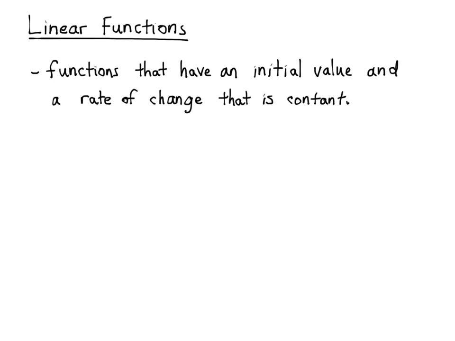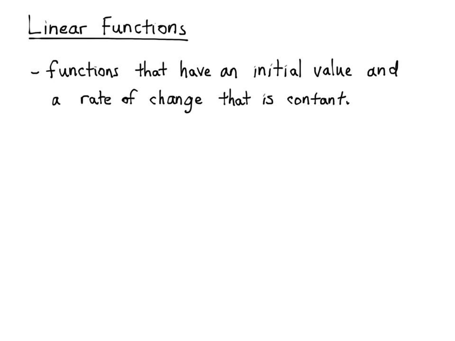We're going to look at linear functions first. Now, a linear function is some type of function that perhaps has an initial value and then a value that's modified by a rate of change, and that rate of change is going to be constant. That's similar to, let's say, if you're driving in your car at a steady rate.